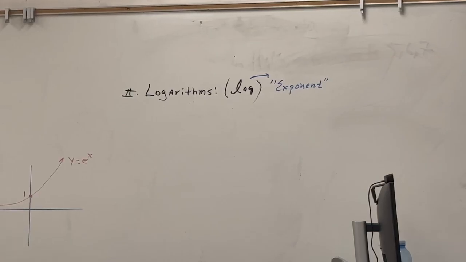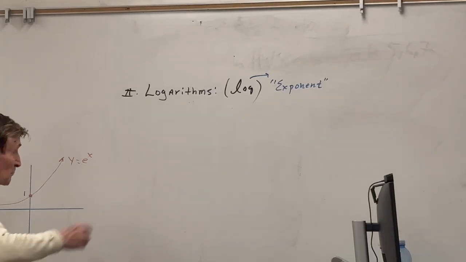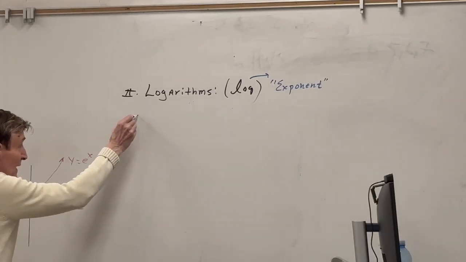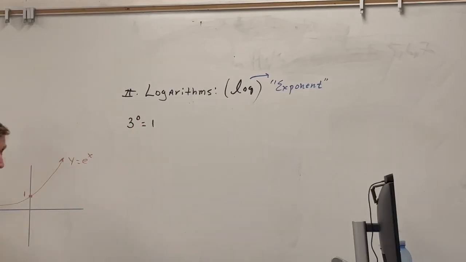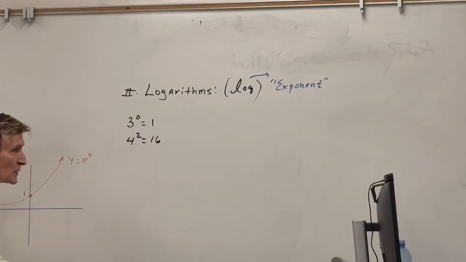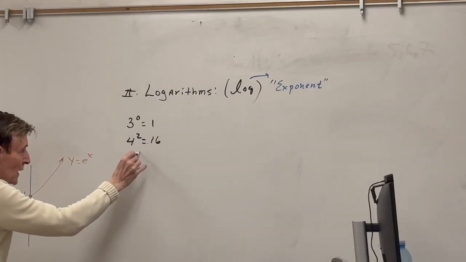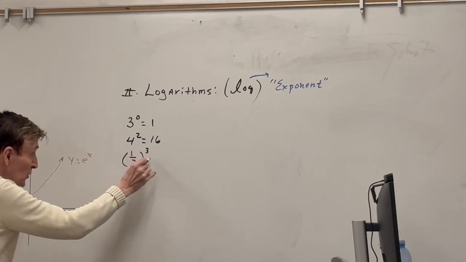Guys, let me write a few expressions on the board involving exponents. That's what you're going to associate this word log with. And I say it looks like this. We'll start out with something basic. 3 raised to the 0 is equal to 1. Everyone in class would agree with that. 4 squared is 16. No problem. 1/2 raised to the 3rd, cubed, is 1/8.